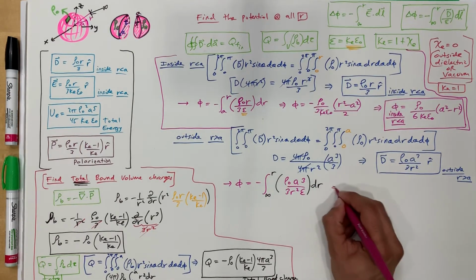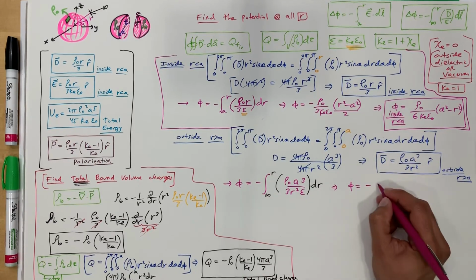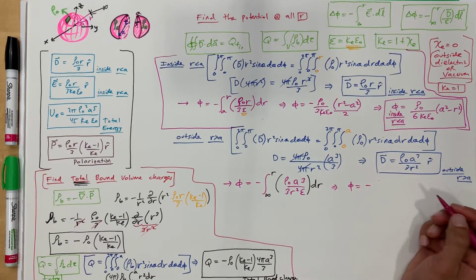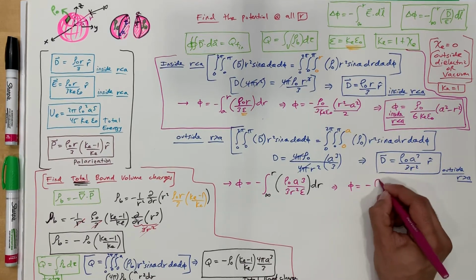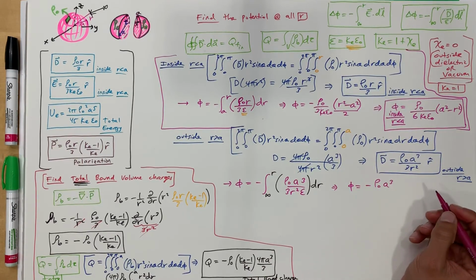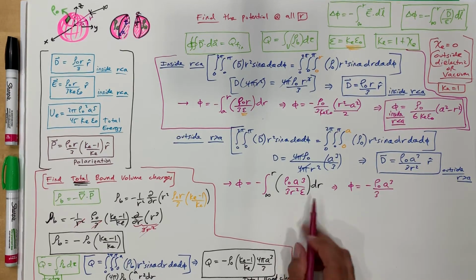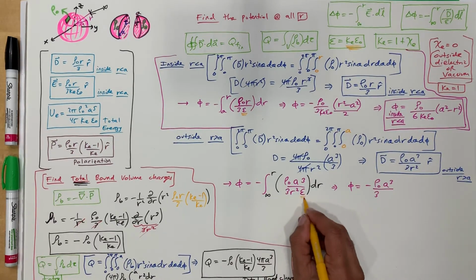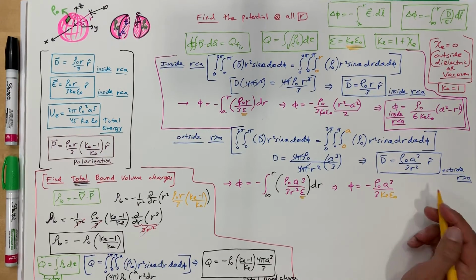So I'll go ahead and write it out. We'll take one more step. We get negative, and we can take out rho naught a to the third. Let's take out 3, and we're going to change this epsilon to KE epsilon naught.